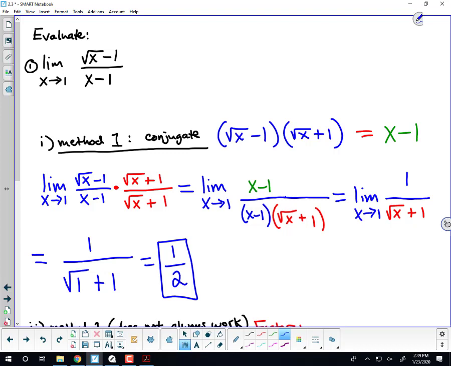What does that mean about this function? It has a hole where? x equals 1. At 1, 1/2, right. I guess I should be a little bit more specific here.